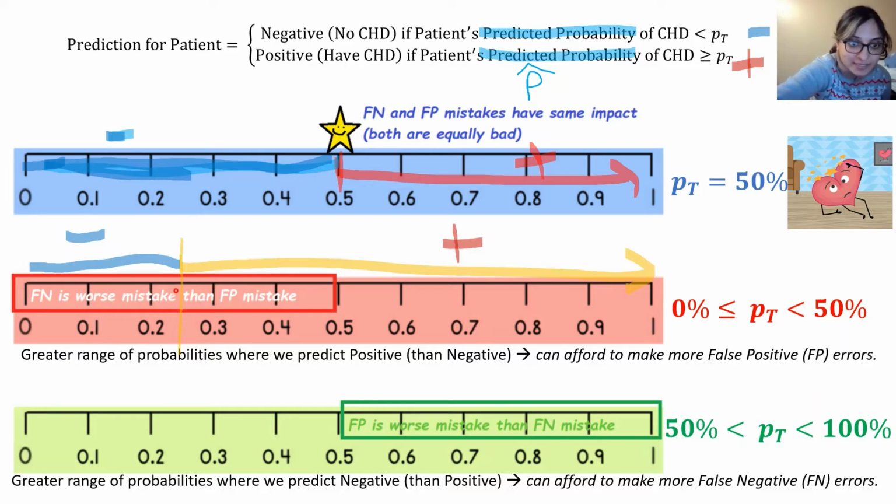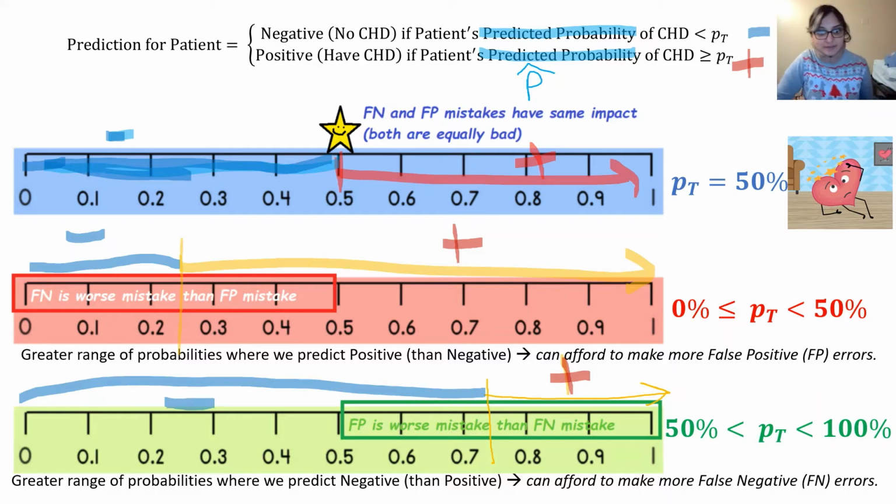And here though, this was like a 25%, just some number between 0 and 50%, not including 50%. So here let's just choose 75%, for instance. What this would mean is anything above this, I'm going to predict positive, and anything below this, I'm going to be predicting negative.